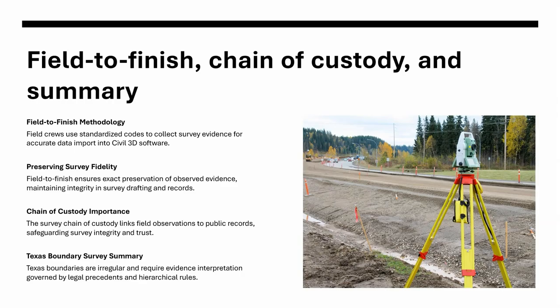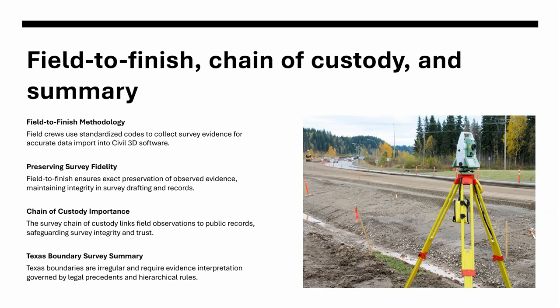So, to summarize Lecture 5 for your midterm review, know this: Texas is not a PLSS state. Our boundaries are irregular, shaped by Spanish and Mexican grants and Republic patents. They require interpretation of evidence. The cases of Stafford v. King, State v. Post, Strayhorn v.